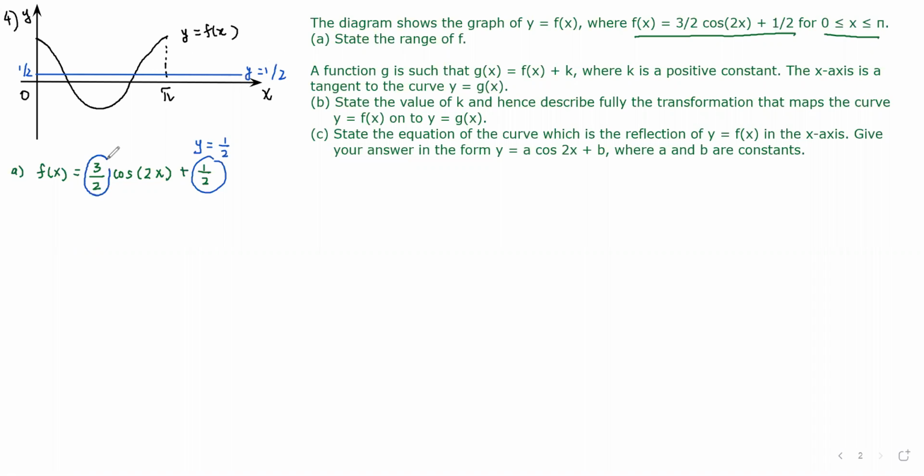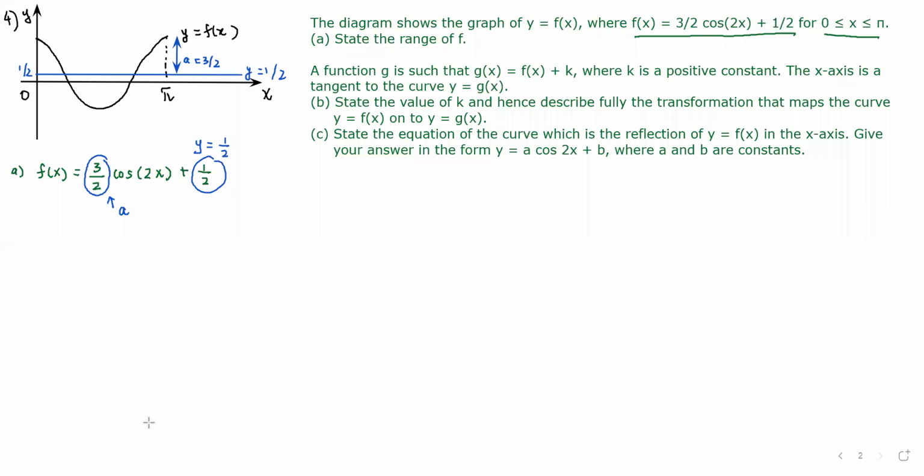3 over 2, that is the amplitude of the function. So the amplitude of the function is the distance between the sinusoidal axis and the maximum. So that distance here has a value, amplitude of 3 over 2.